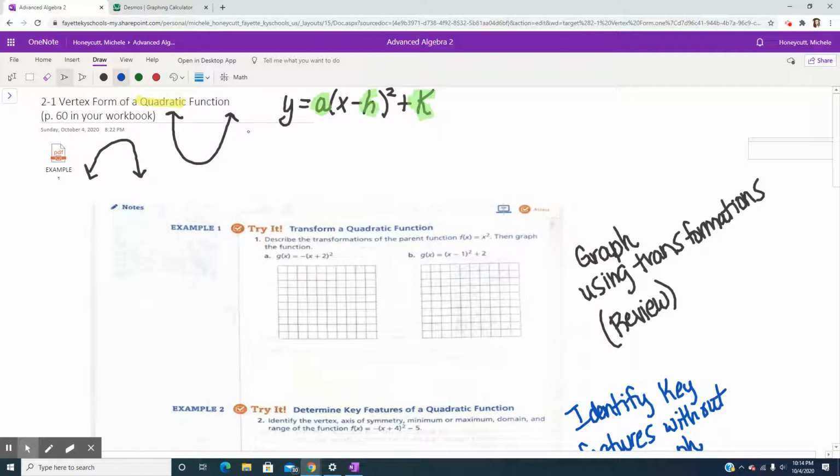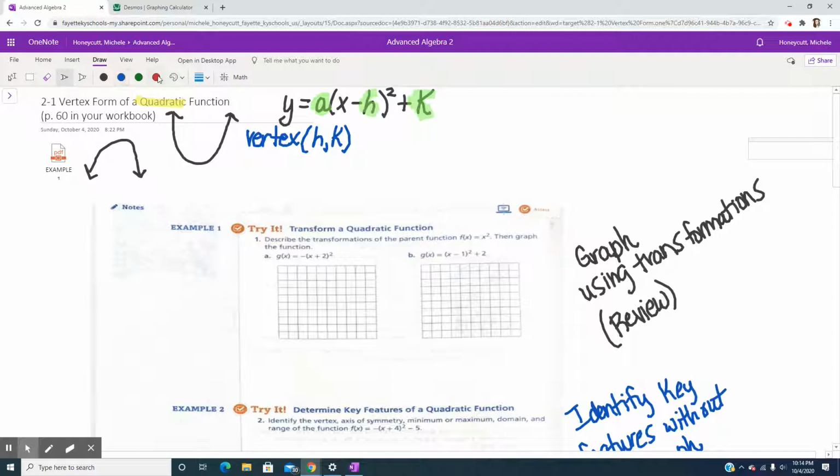The first feature you're going to be able to see is the vertex. The vertex is written as (h, k). And notice when I write it like this, h is a positive h, and that h in the formula is negative. So whatever you see in the formula, the opposite of it will be your vertex.